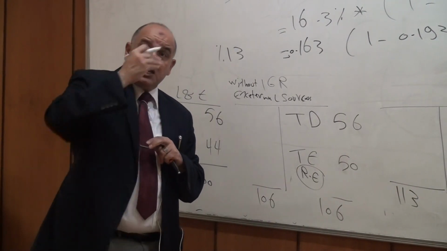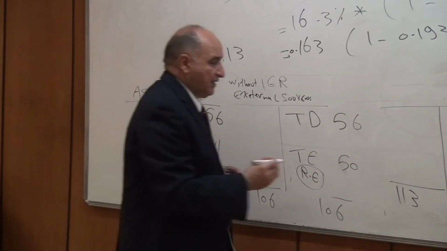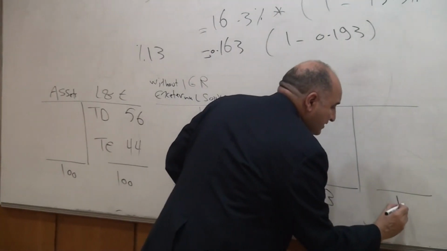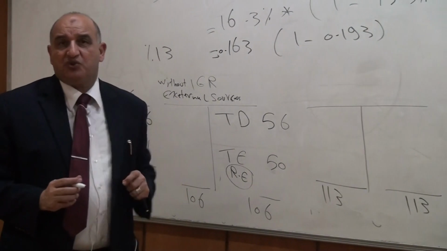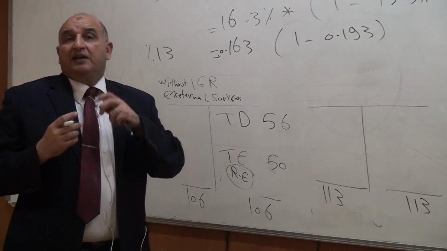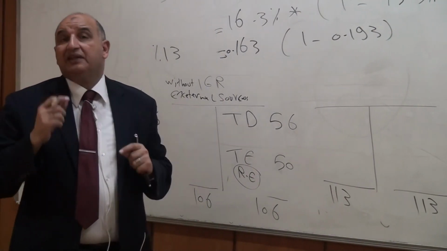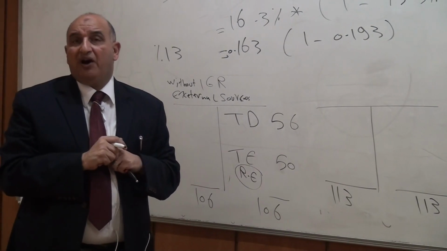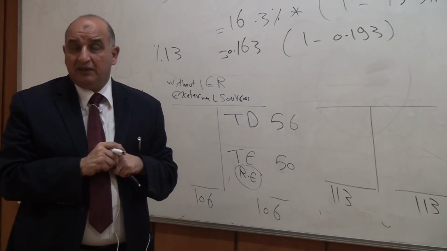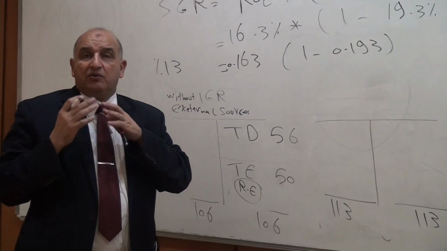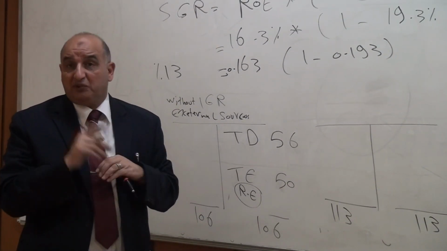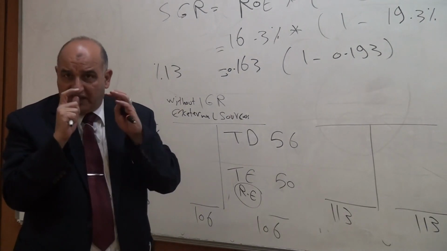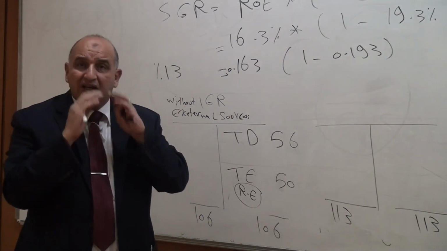Our assets can grow by 13% with maintaining the debt ratio. Again, our assets can grow by 13% with maintaining the debt ratio, not the debt value, the debt ratio.